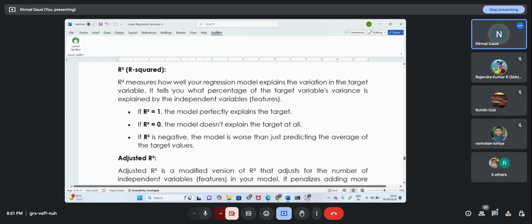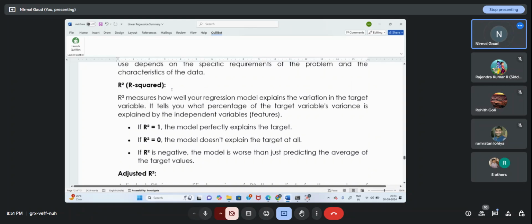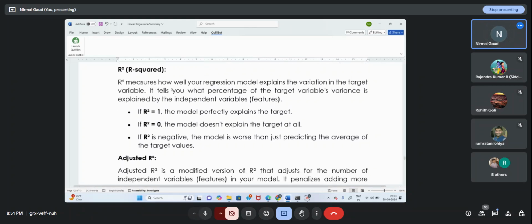How can we identify this? See, R2 measures how well your model explains the variation in the target variable. Variance explained.